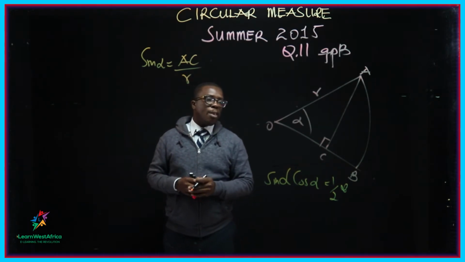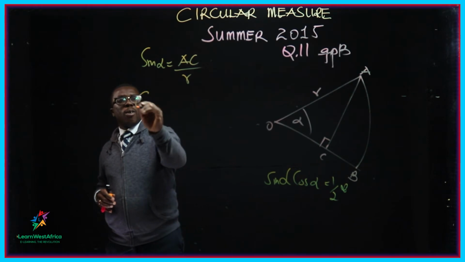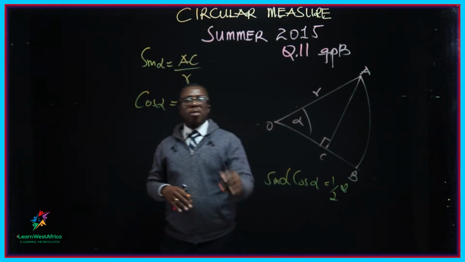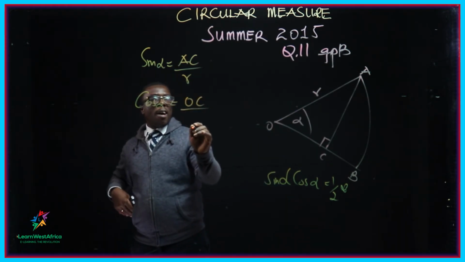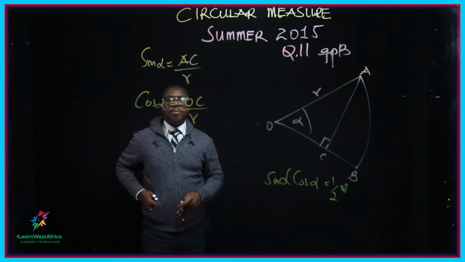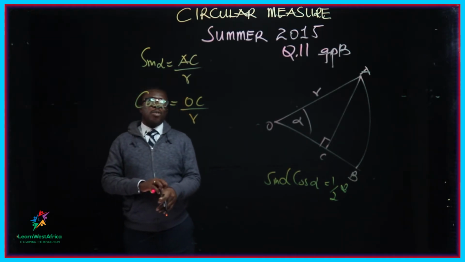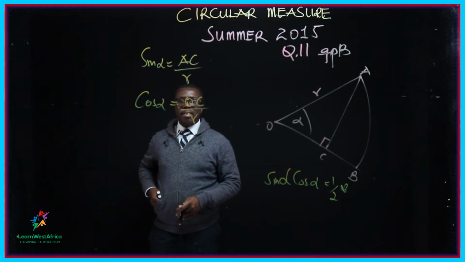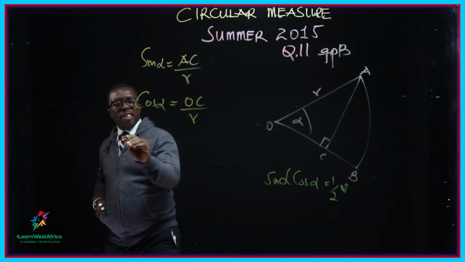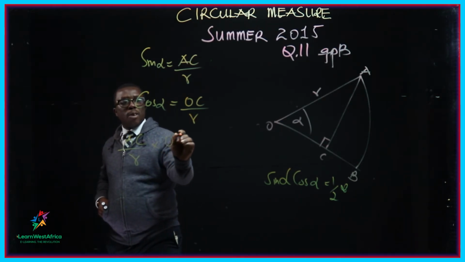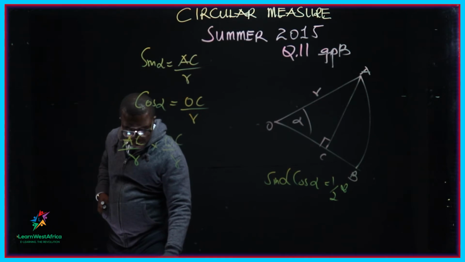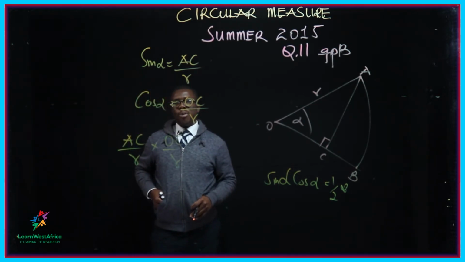Now let's look at cos alpha. Cos alpha is the adjacent side over the hypotenuse, so that gives you OC over R. Now if we multiply sine alpha by cos alpha, we have AC over R times OC over R. That's what we need to know.